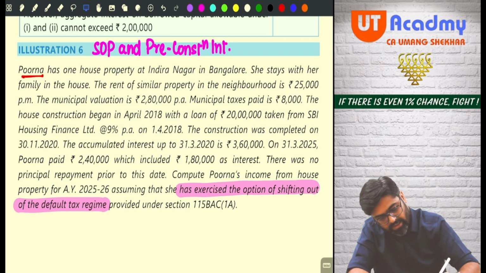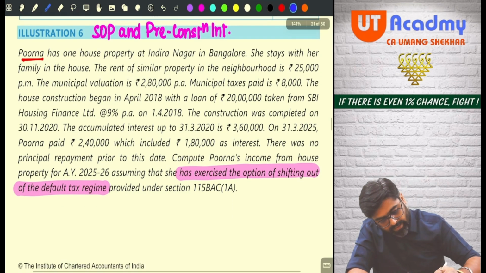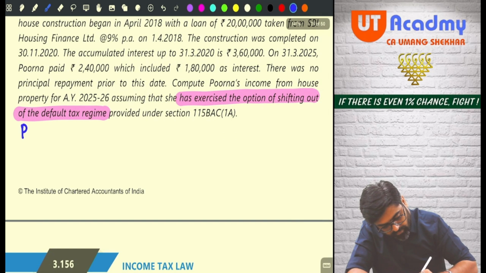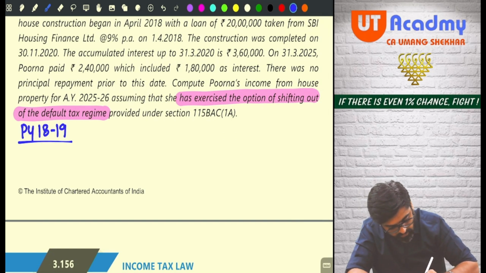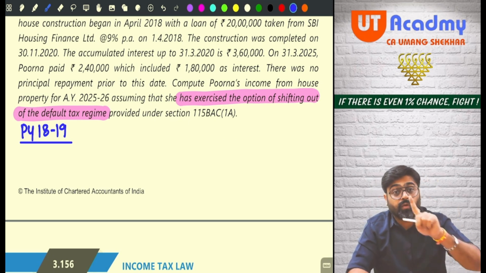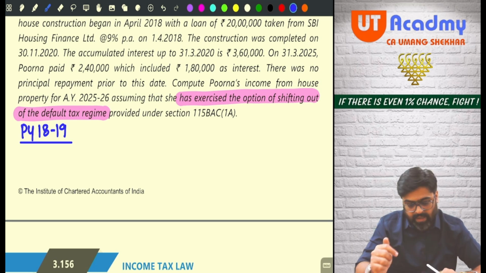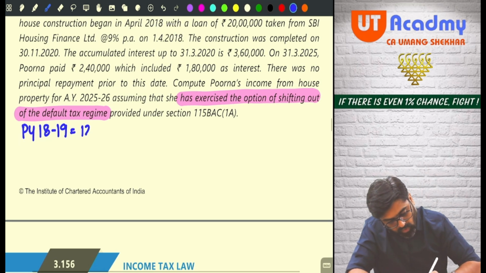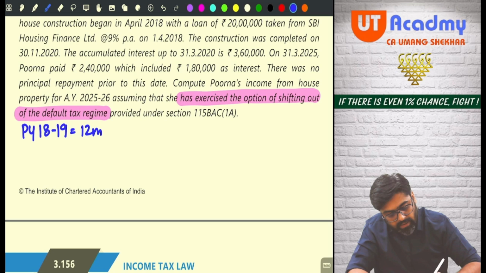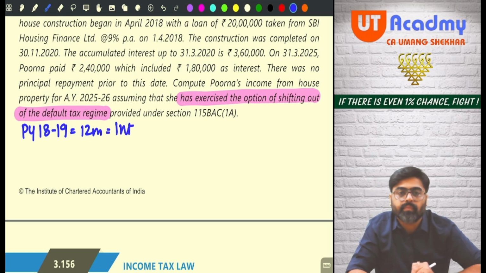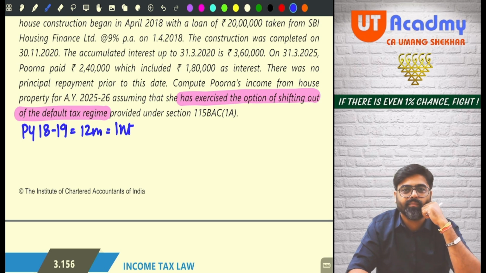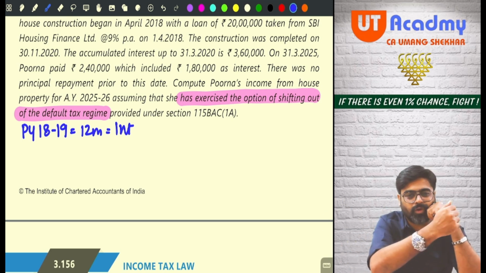So can I say that in the previous year, 2018-19, 1st April you took the loan, 1st April 2018. So for the entire year 18-19, 12 months, you would have paid interest, but that interest was not allowed to you because that year the construction was going on.